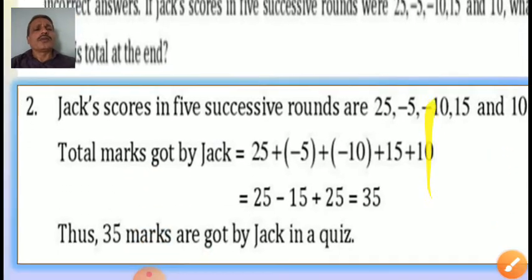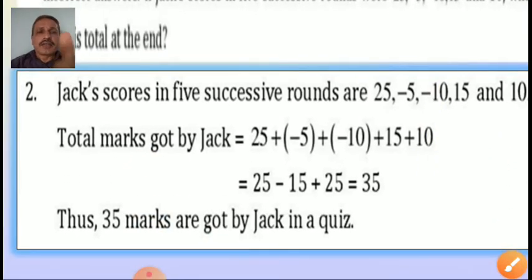Yes or no? Yes, my answer is right. Your answer is also right. I know you did this one. So the total marks of the quiz Jack scored is 35, by positive and negative numbers.